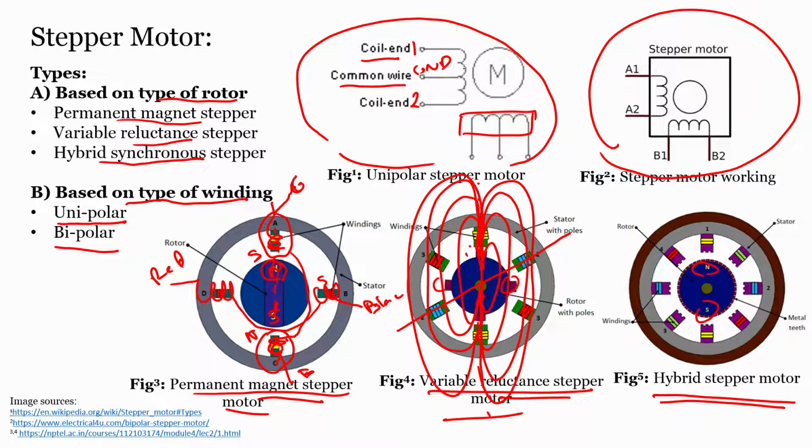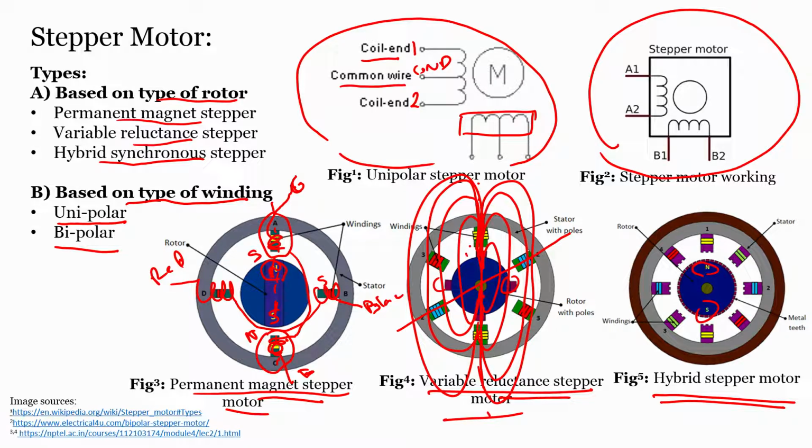If I pass current through the coil N1, it will come out through the common wire, which is kind of a ground, and the stators will be able to rotate in one direction, correct? Or the magnetic field will be created in one direction, and if I swap the current and current flows through the coil N2 and goes out through the common wire, the magnetic field direction will be reversed.